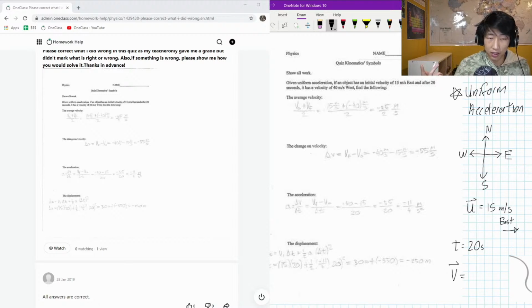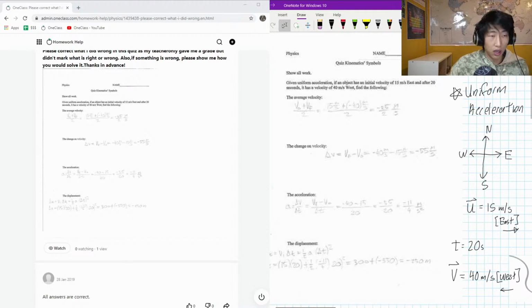Remember, it's a vector and it's going the opposite direction. So this is 40 meters per second, that's pretty fast, and this is west. It's good to surround it with square brackets just to specify that it's a direction.